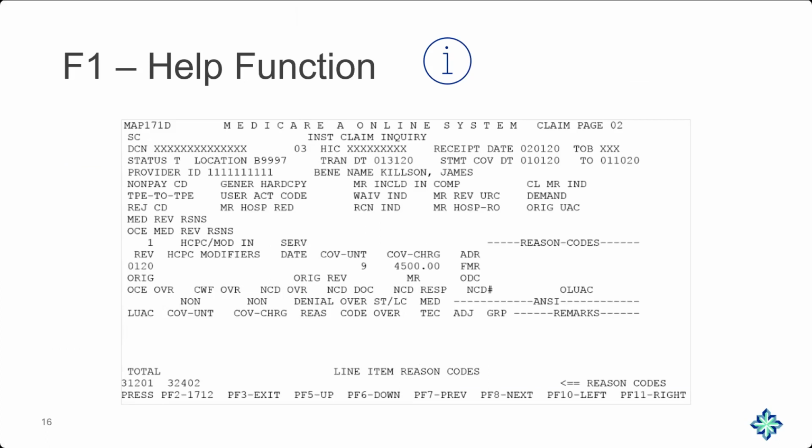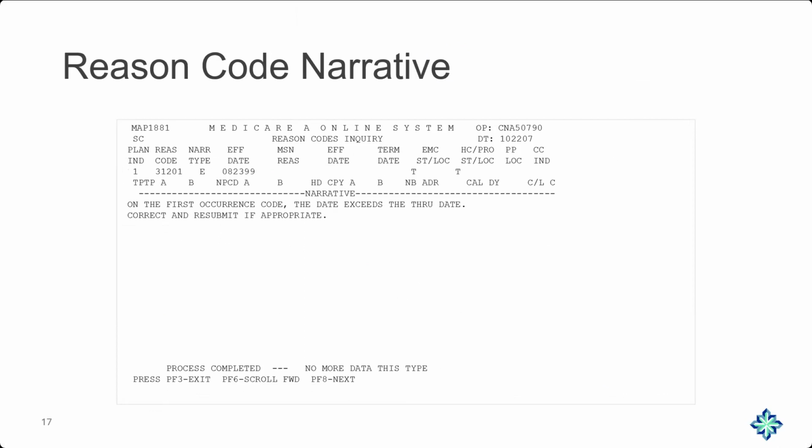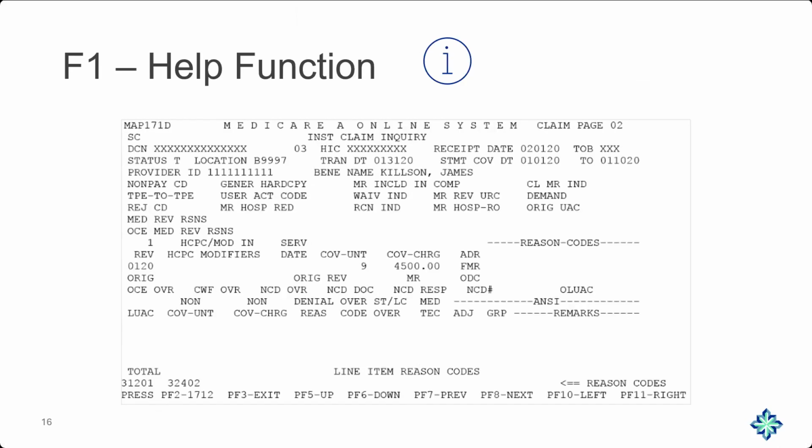If you press F1 while the cursor is anywhere on the screen, you're going to receive an explanation of the reason code, or the first reason code if your claim has more than one.